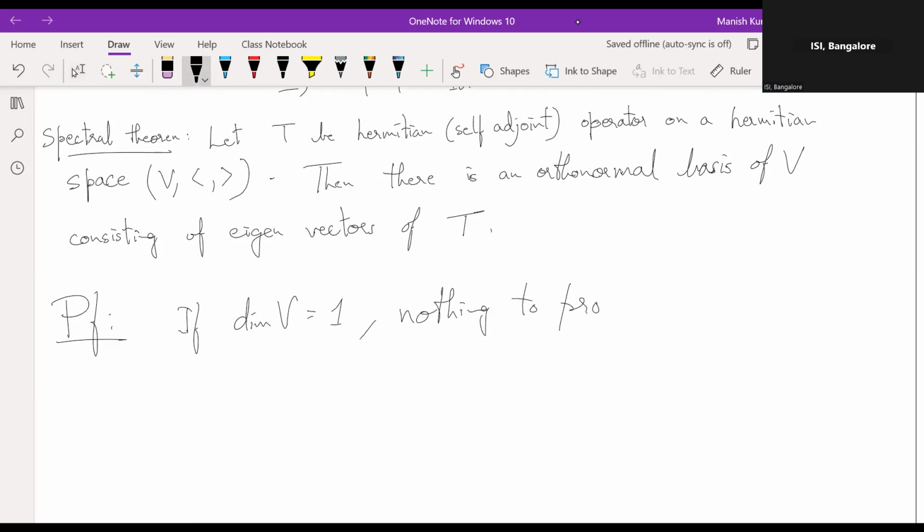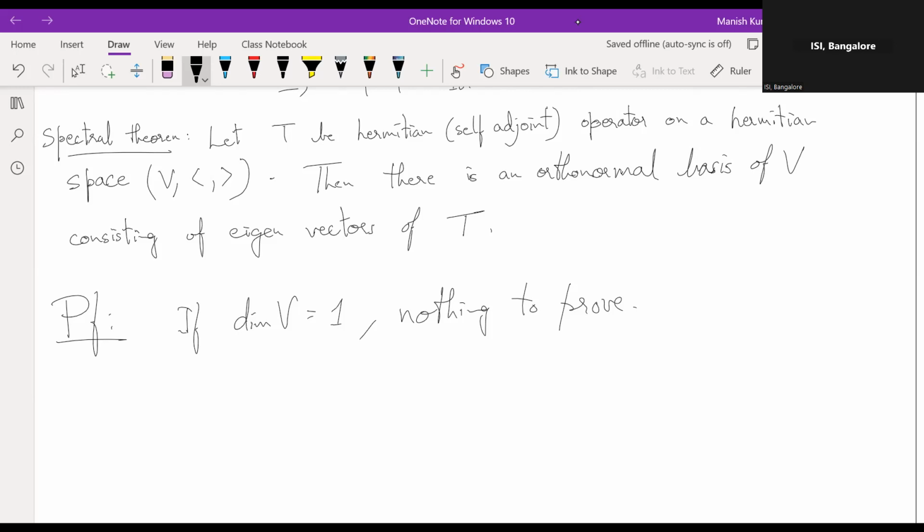Because it's a positive definite pairing, you take any non-zero vector in V and its length is going to be positive. You scale it, so you'll get a unit vector, an orthonormal vector, and it of course spans V. For one dimensional, everything is an eigenvector. Every non-zero vector is an eigenvector.